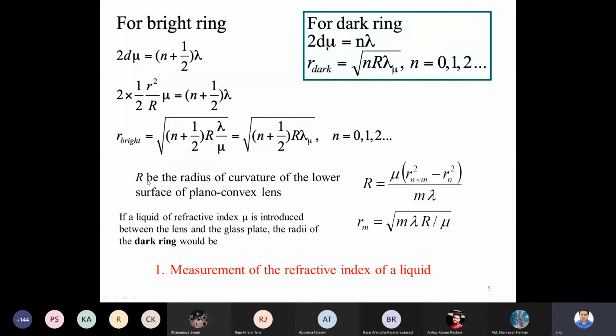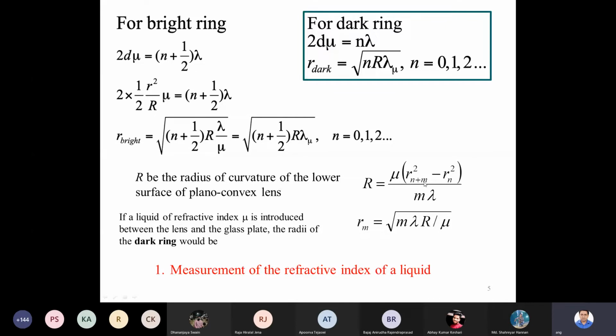So what was the aim? To find out the radius of curvature of the lower surface of the plano convex lens, which is capital R. You can find it by this equation: mu times r n plus m whole square minus rn square upon m lambda.